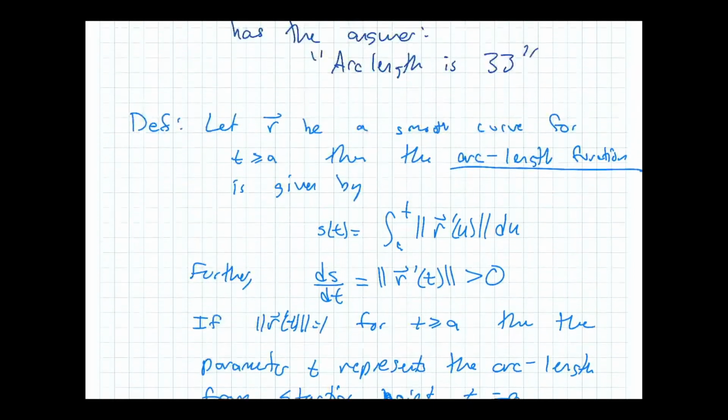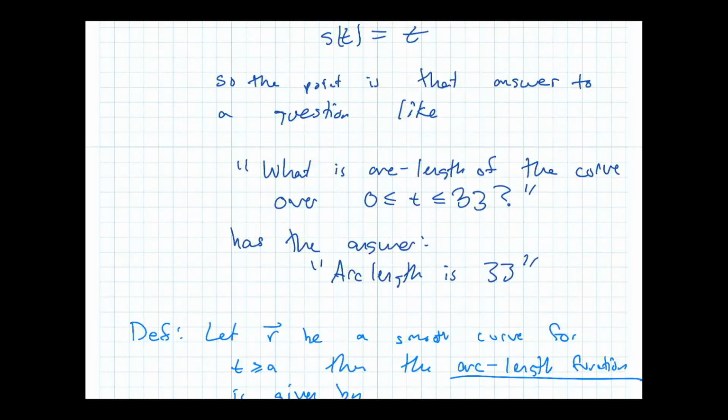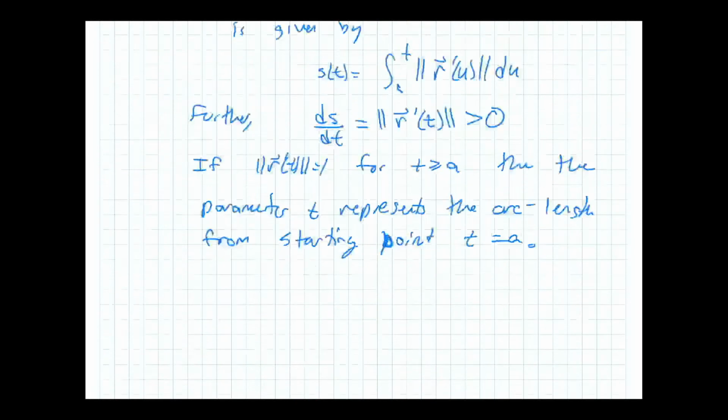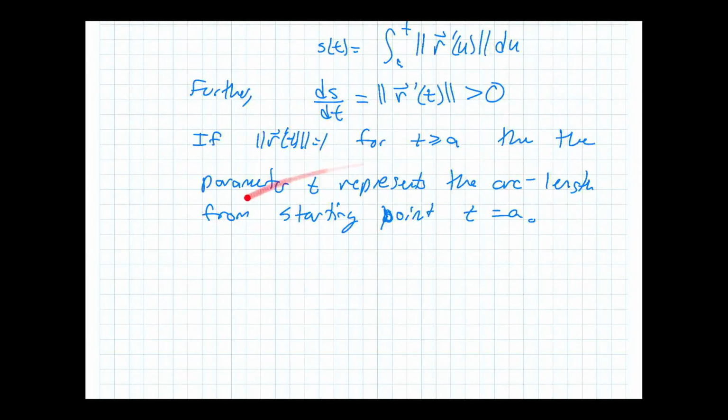So that's basically just a summary of what we just did. Like when I said, what's the arc length from 0 to 33? Answer, 33. That's what this is saying too. So they just put it together here.